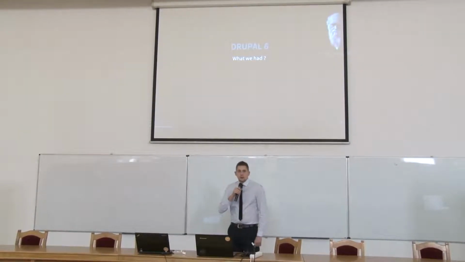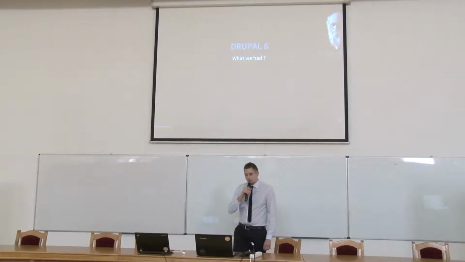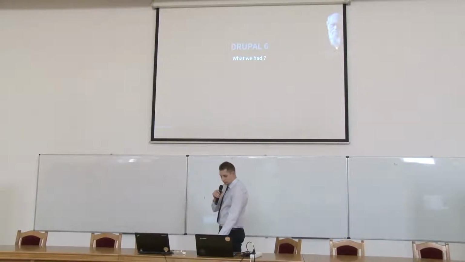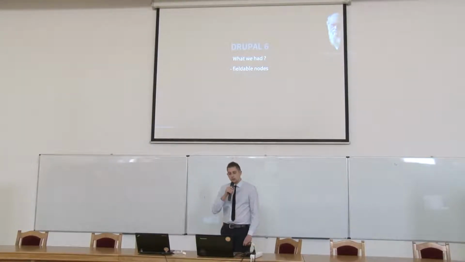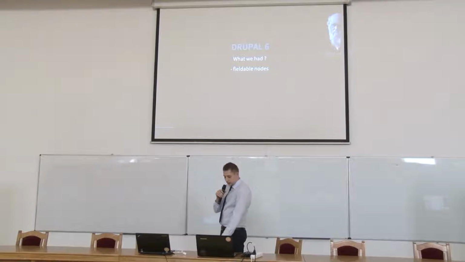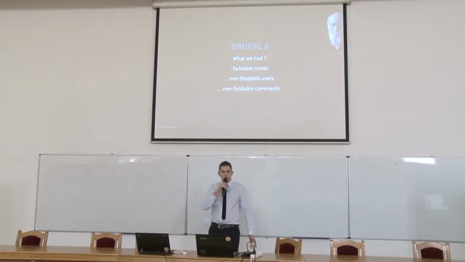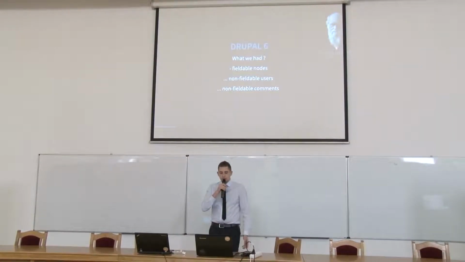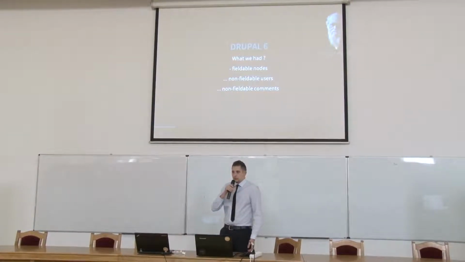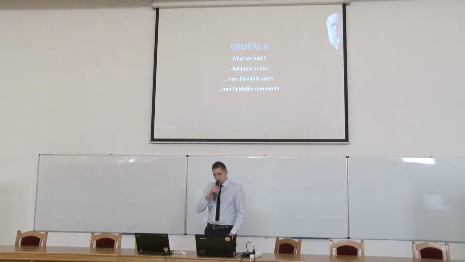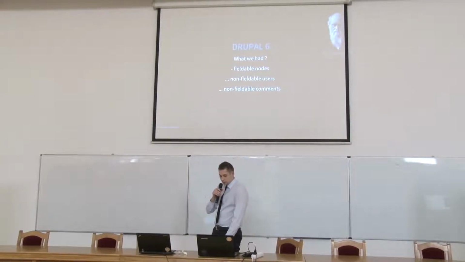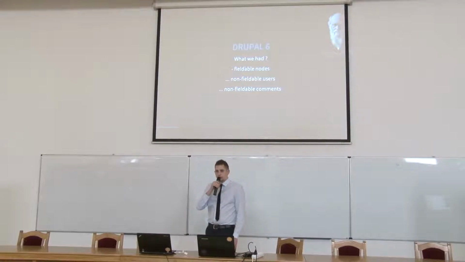So back in history, in Drupal 6, what did we have? We had fieldable nodes. But other things like users or comments weren't fieldable. So there was a problem, because when we had to add something to a user or comment, we couldn't, because there were no fields available for users, comments or other things like taxonomies.